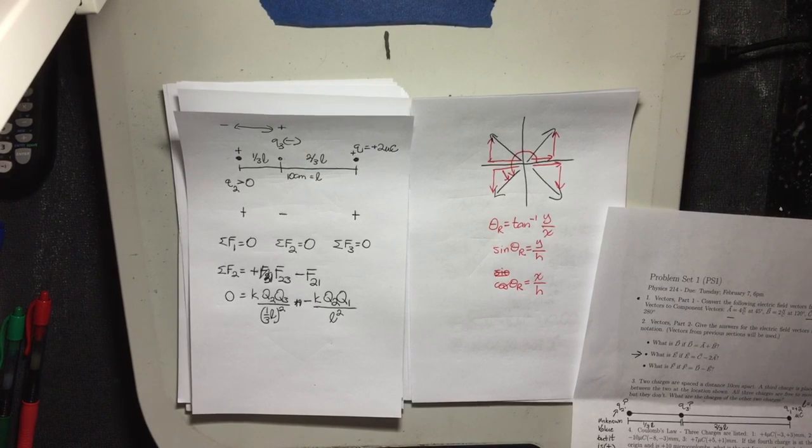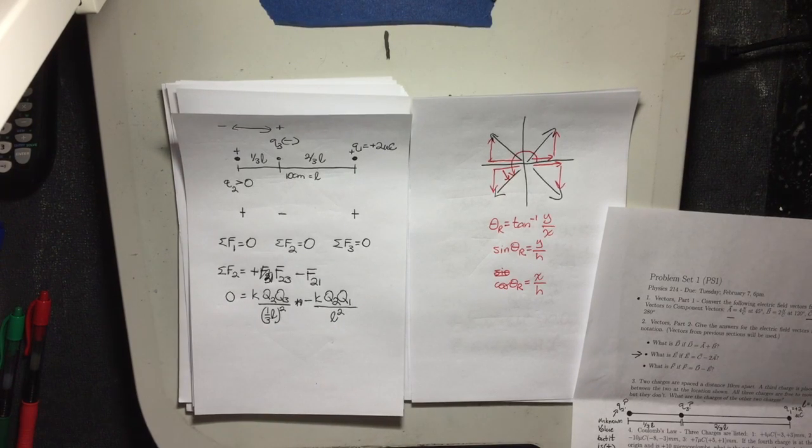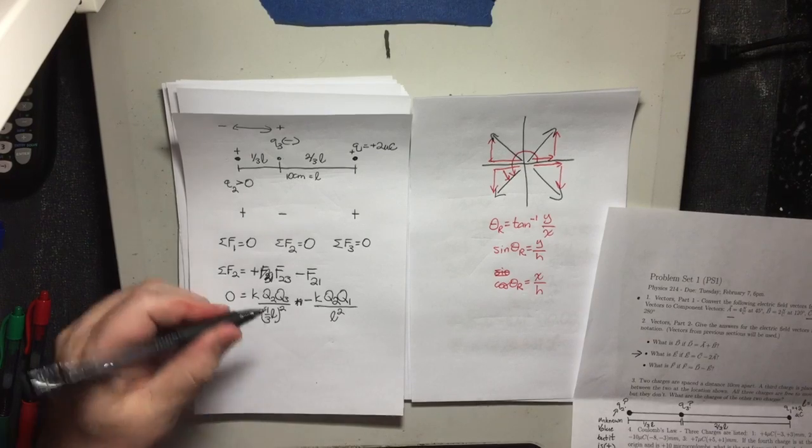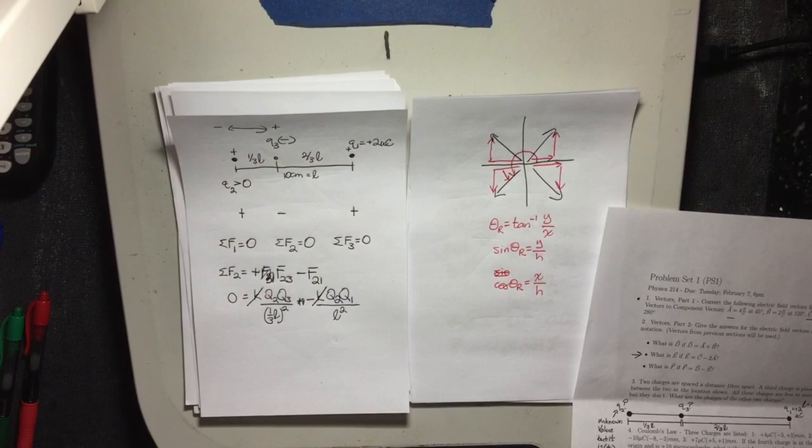Now, one of the things that we could sit here and look at, and fortunately I chose wisely, is in this equation, do I need to know what K is? No. Divide both sides by K, the K disappears. I don't even have to know what L squared is.